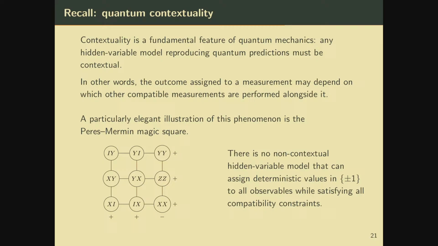Okay, so remember, that's the slide to recall what we said yesterday. Contextuality is a fundamental feature of quantum mechanics. If you would like to set up a hidden variable model that reproduces your quantum prediction, this hidden variable model should be contextual, meaning the predefined value should depend on the context.